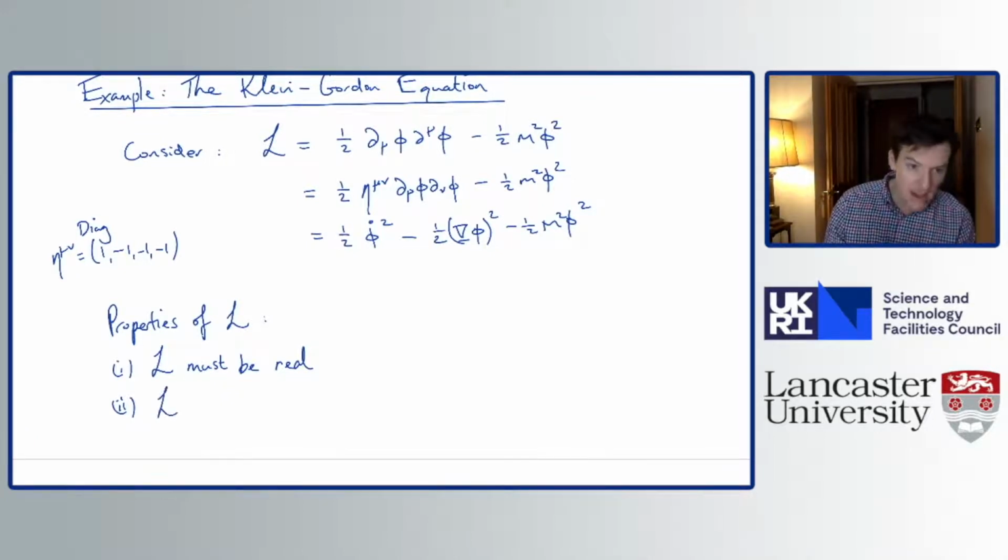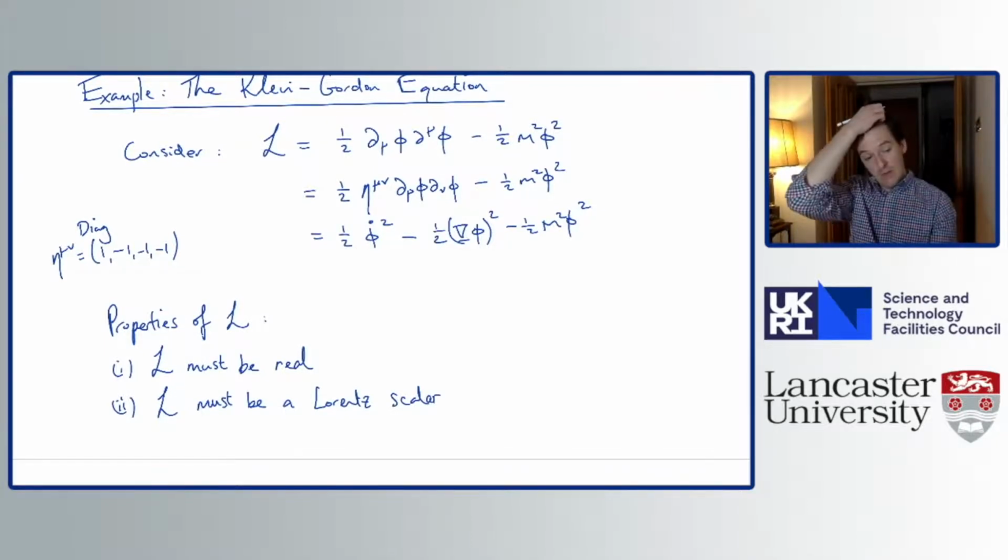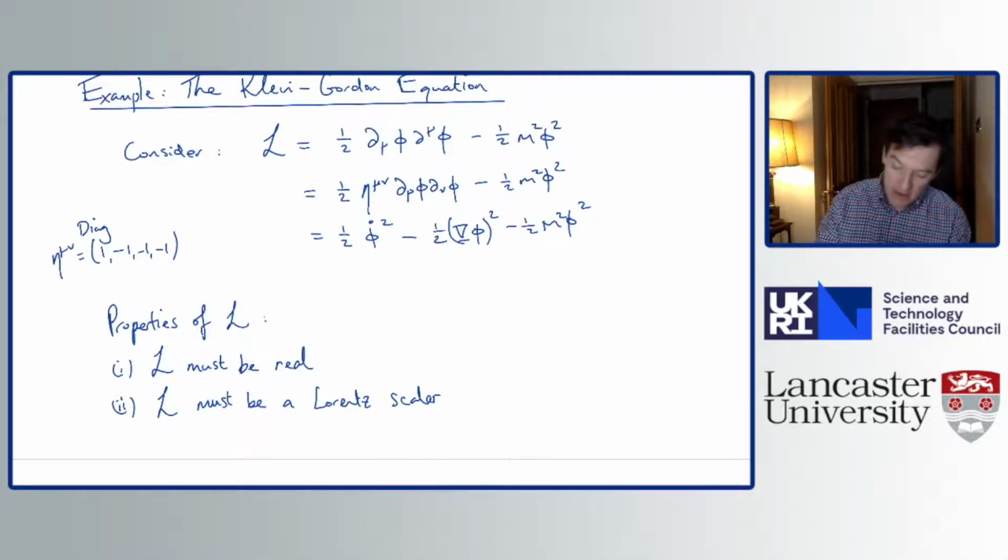We must have that L must be a Lorentz scalar, at least if we want our theory to be consistent with special relativity. And we have arranged for that to happen here through the way that we have contracted our indices.